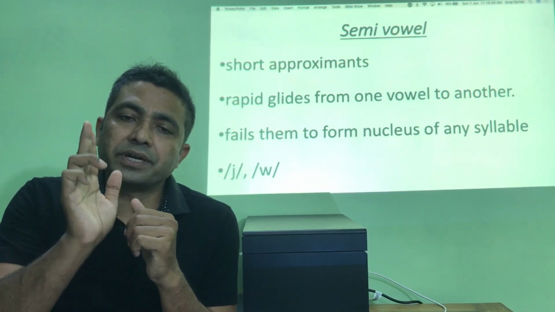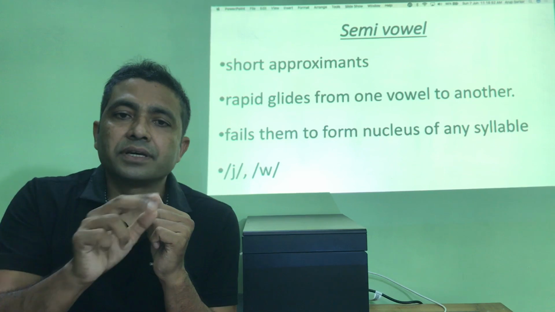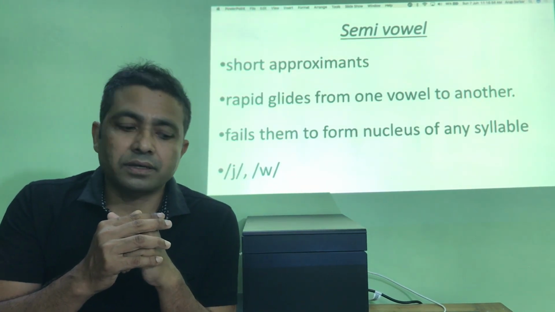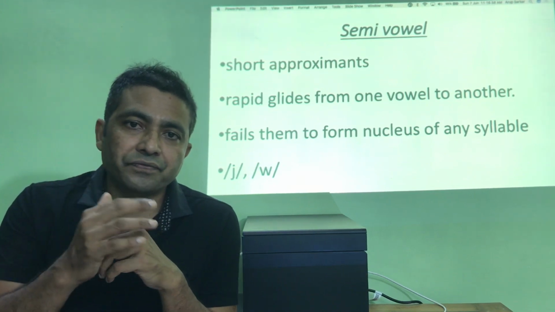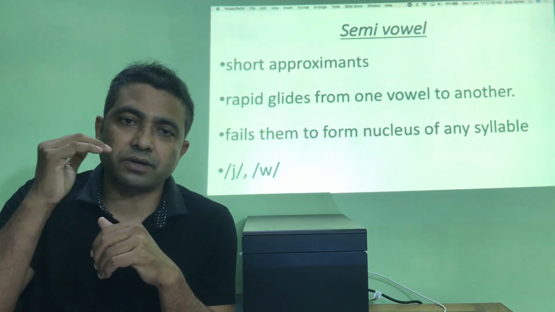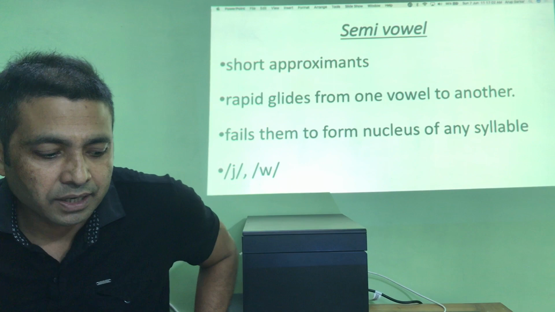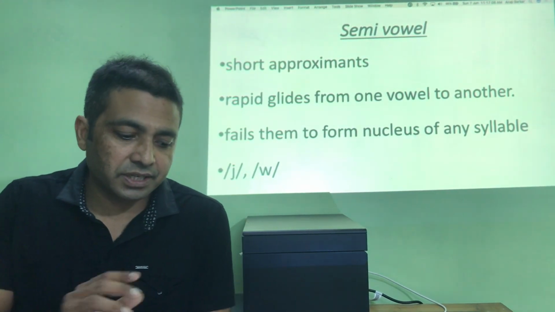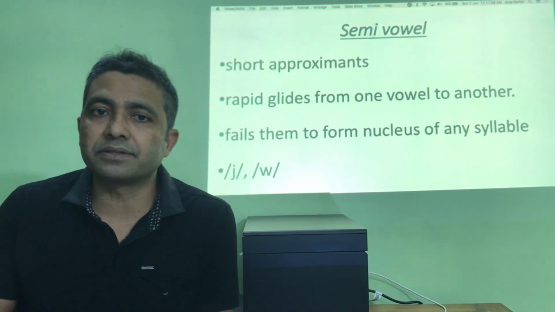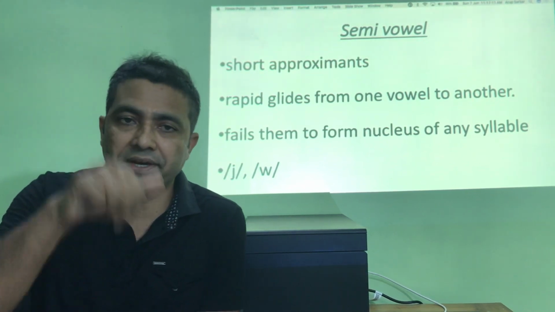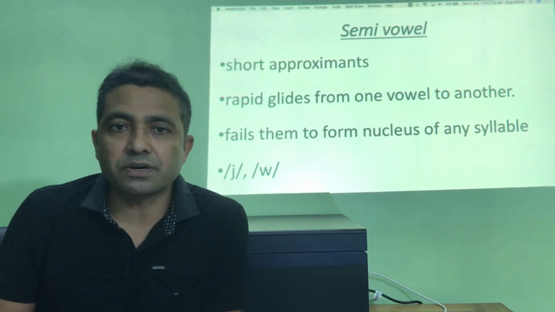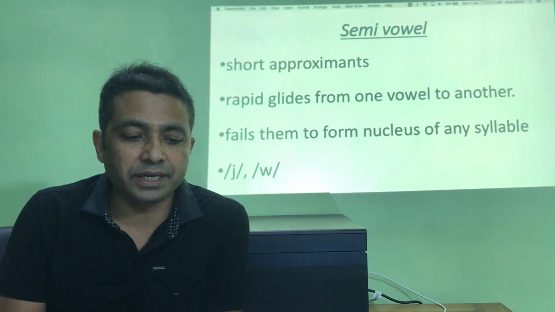They make such a quick glide that they are almost like consonants, though the consonant characteristics are very few in them, but neither are they vowels because of the quickness of the movement, and they are unable to form the nucleus of syllables. So ya and wa are the semi-vowels.